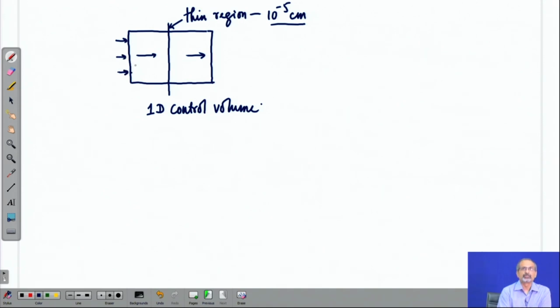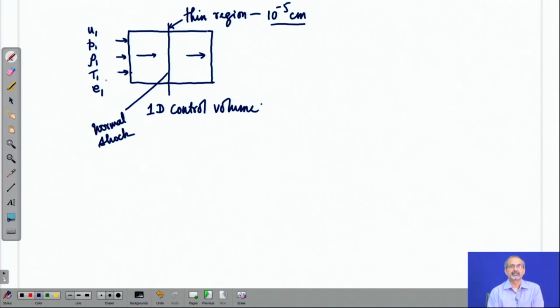So, when the flow approaches the normal shock, it has some accompanying properties. Let us say the velocity is u1, pressure is p1, density is rho 1, temperature is T1, specific internal energy is e1, and so on. You can further say enthalpy and other properties including entropy.